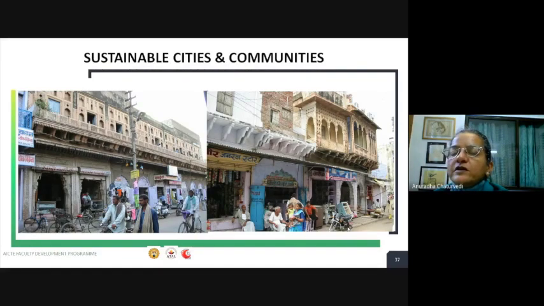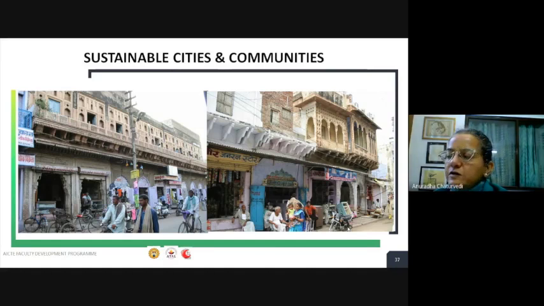So, in the context of cities such as Bharatpur, which are gradually deteriorating because of the out migration of people, it is important to recognize and identify the heritage resources which can be used for ensuring sustainable development.